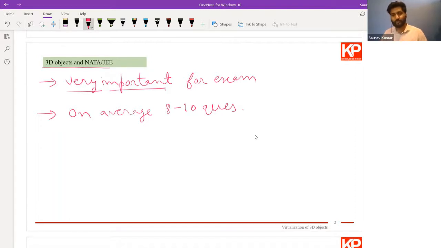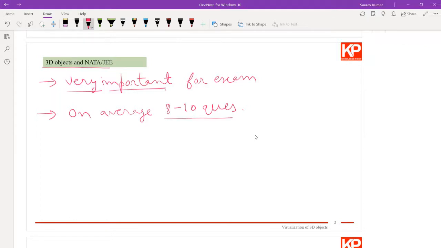The questions could be more than that also, because in this kind of aptitude, we have different sections. So if I tell you in the subsequent slide about 2 or 3 topics differently, from each topic you can have 3 questions or 4 questions. So the question count can go more than this also, but from the weightage that this topic is having, we can say that it is very important.